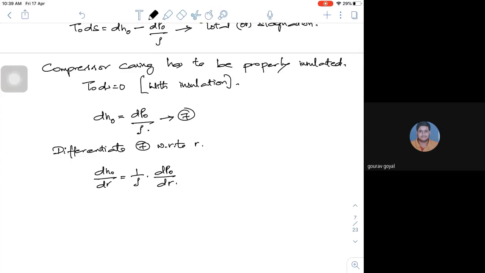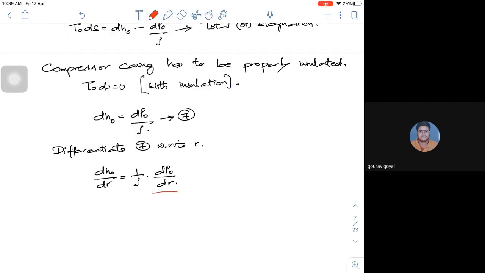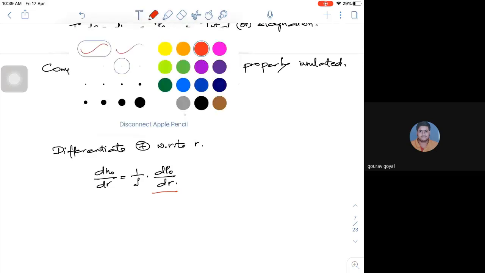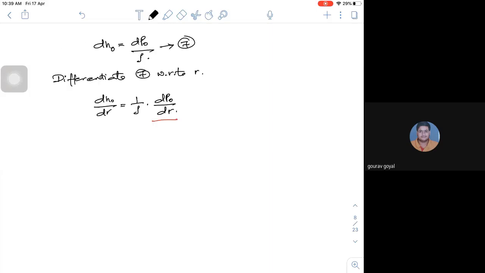Now, already we have the dP by dr expression, equation number 5. That expression will bring it over here. So substitute for dP naught by dr from equation 5.